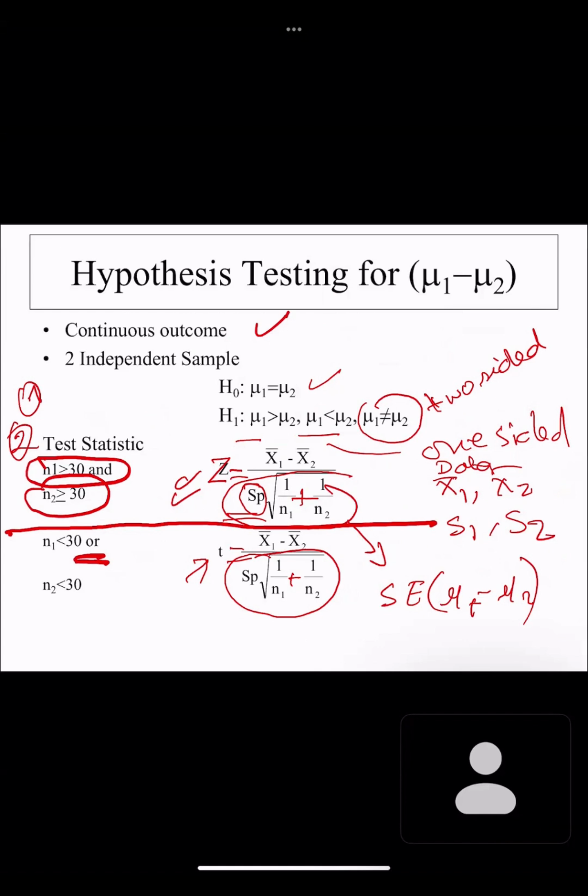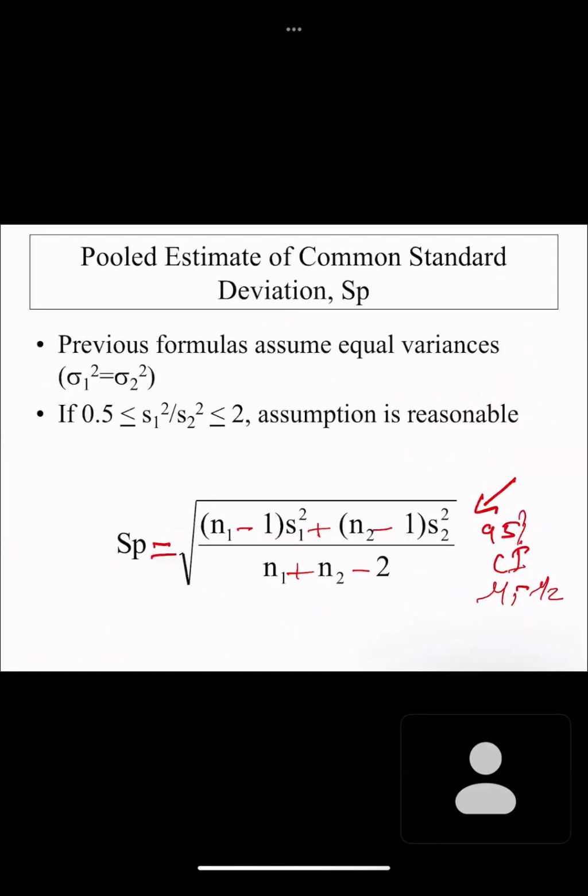Because when the sample is small, the sample standard deviation S, which we use to estimate that of the population, is not a very good estimate of the population variation. To correct this, we do something called pooling. We pool the standard deviations of the two samples by this formula.